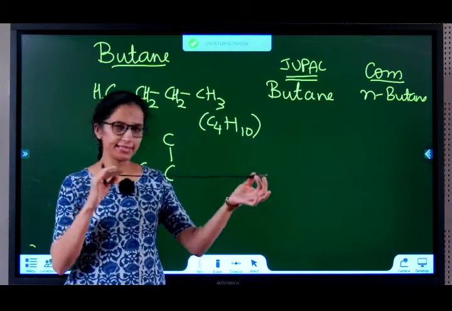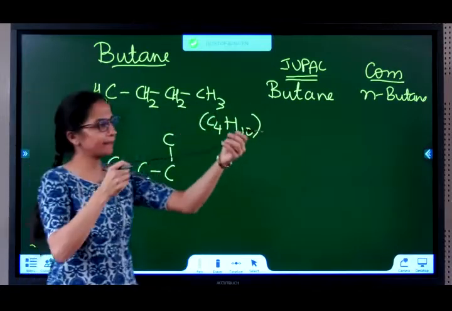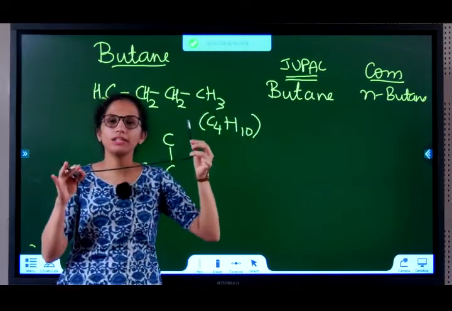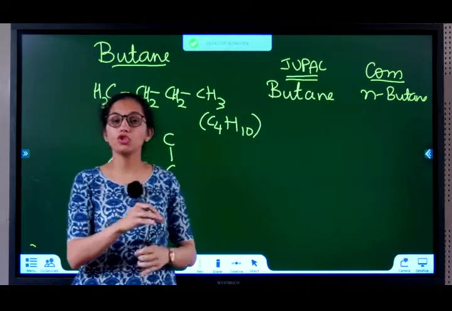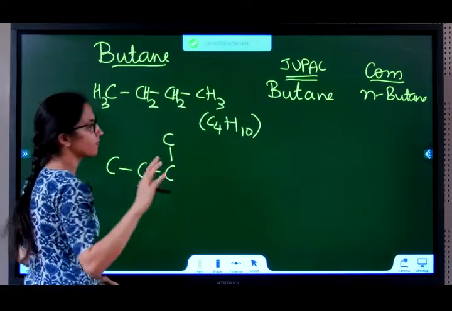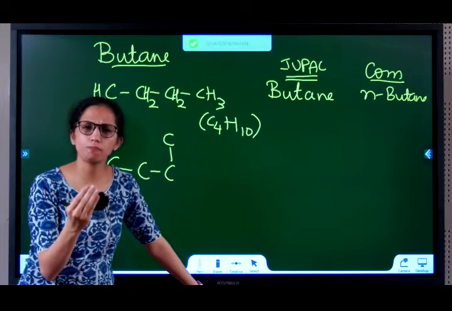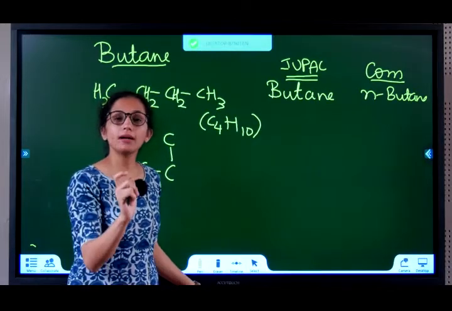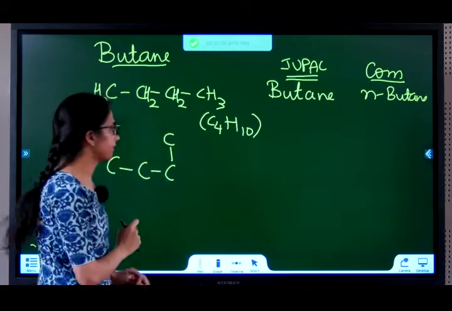Now let's say this is the chain. If I simply lift this up, will the chain change? No. So you have to be careful. The root words that we learned, meth, eth, prop, but, pent, hex, all come from selecting the longest parent chain. What do I mean by that?